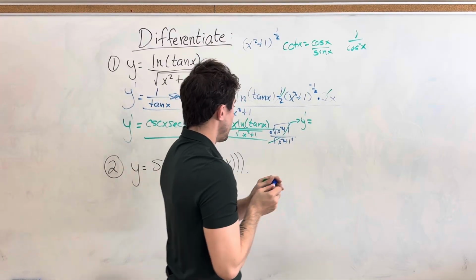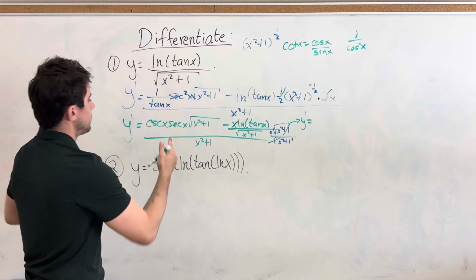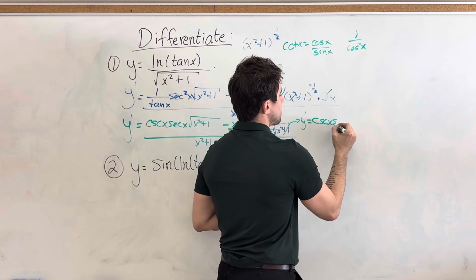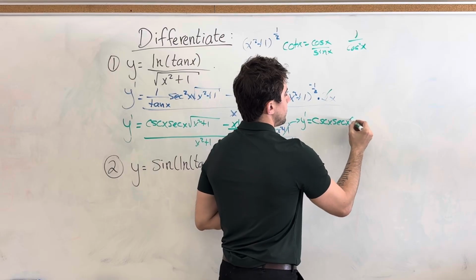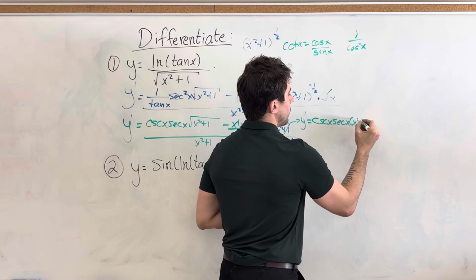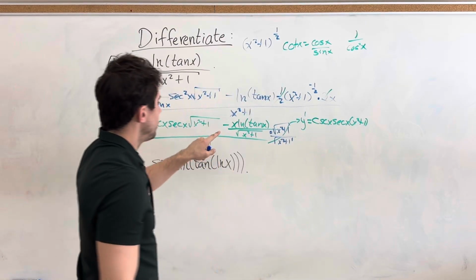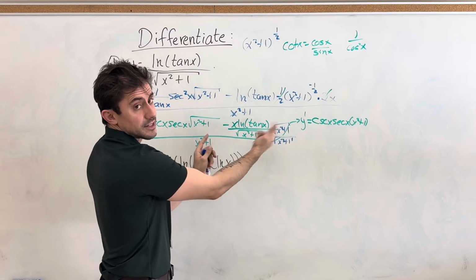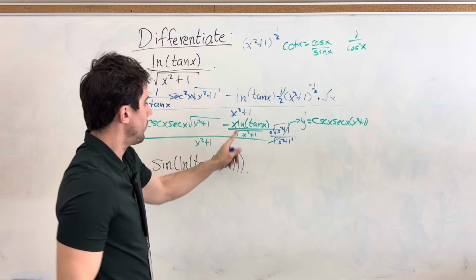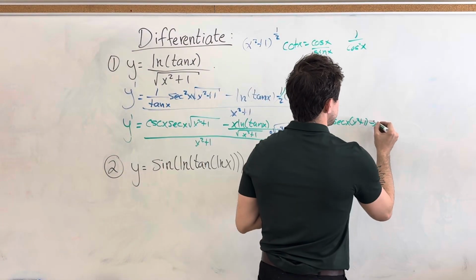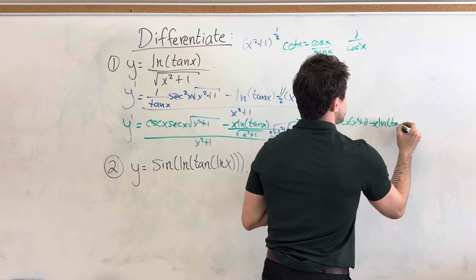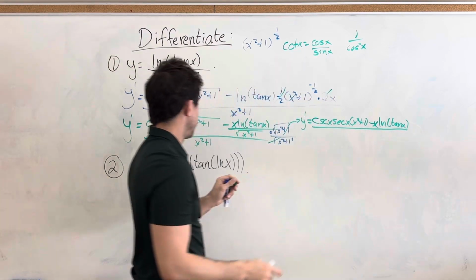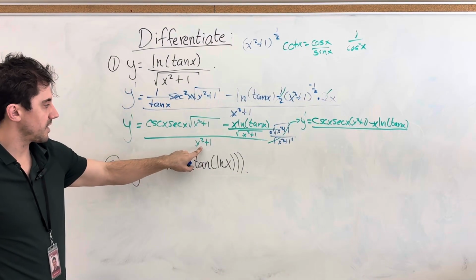So that means that our derivative function is going to be cosecant x times secant x times x squared plus 1, right? Minus, in the second term, the square roots of x squared plus 1 are going to cancel each other out. And so we'll only have minus x ln of tan x. And that will be all over this new denominator of x squared plus 1.